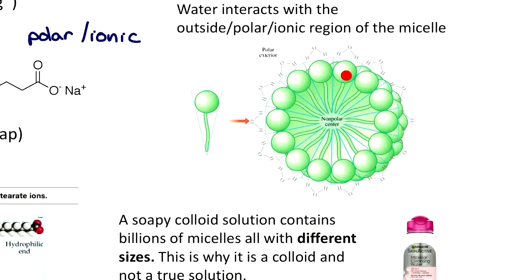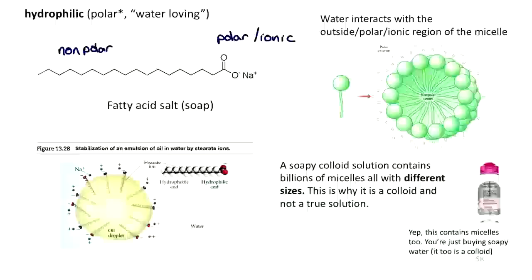So on the outside, your micelle is interacting with water, but on the inside, the nonpolar center can grab those oil droplets or grease or whatever you're trying to clean away from wherever you're taking it.